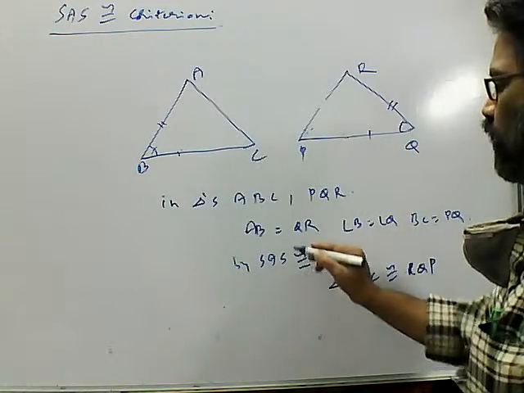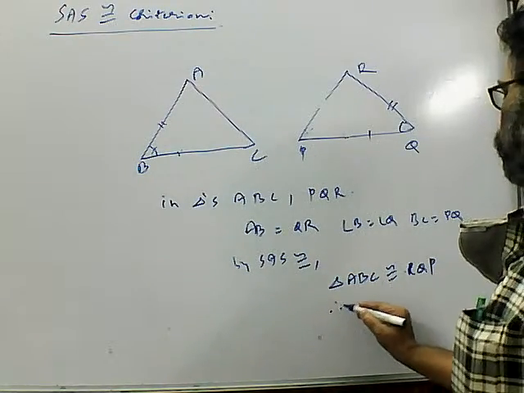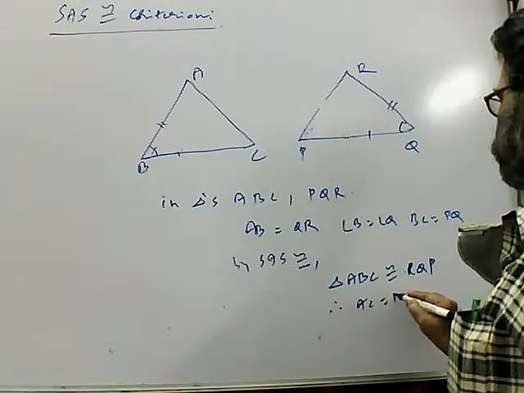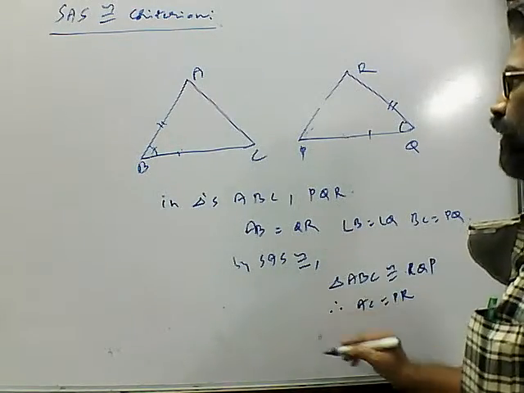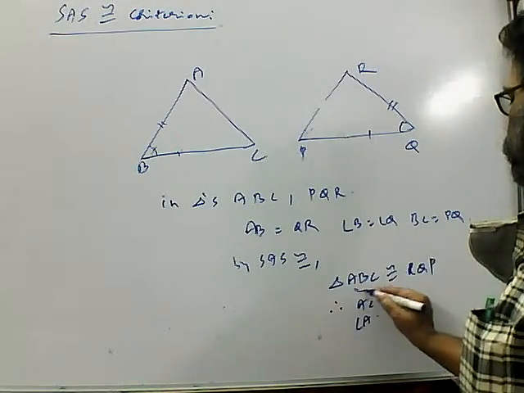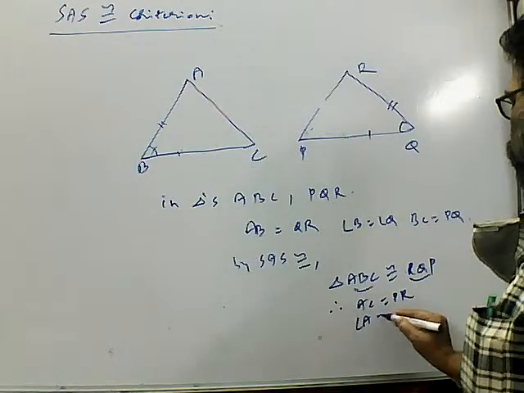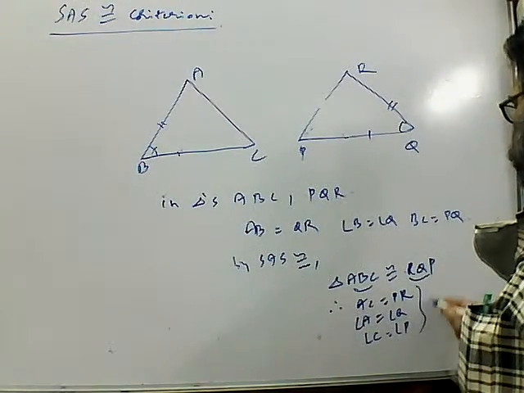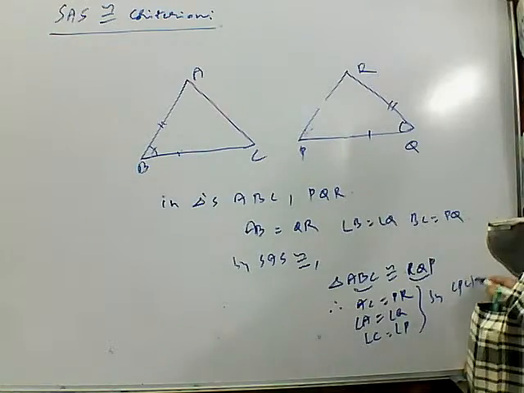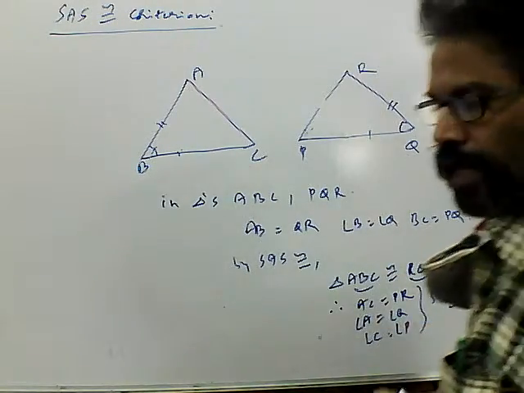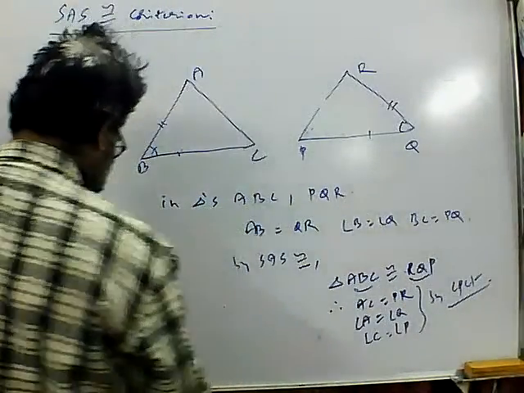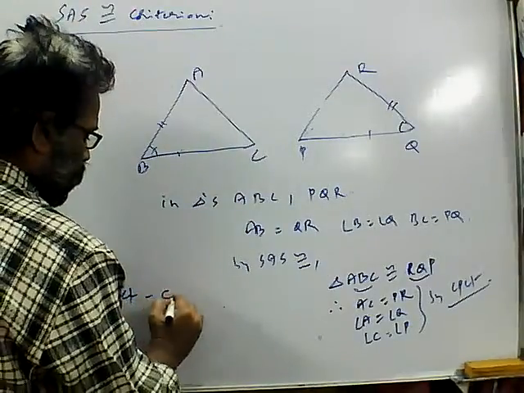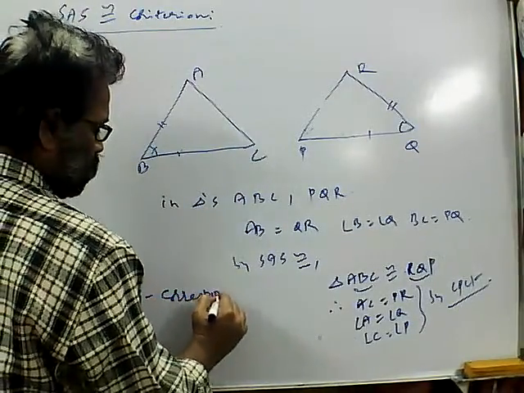So what are the remaining parts? Remaining one side, therefore AC is equal to PR, and the remaining two angles: angle A is equal to angle R and angle C is equal to angle P. This is by CPCT. What is CPCT? Once the triangles have established congruency, CPCT indicates corresponding parts of congruent triangles.